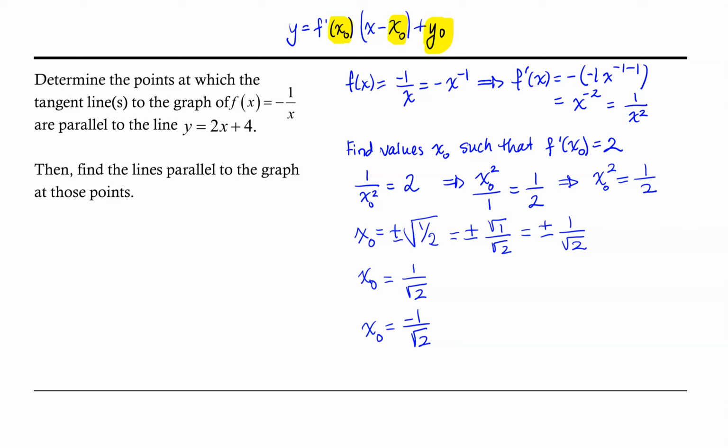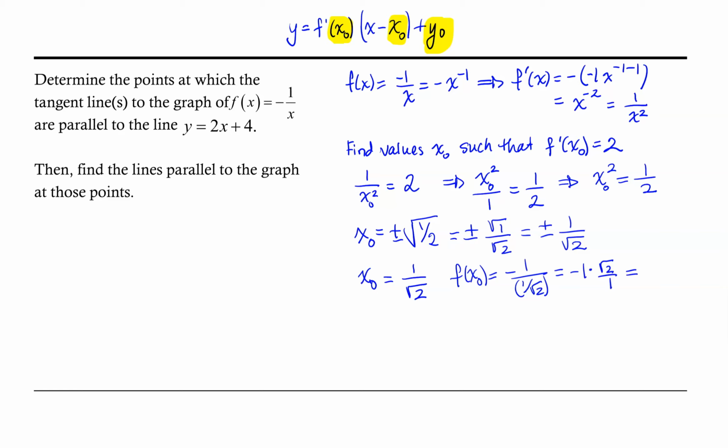So let's go ahead and start with x equals positive 1 over square root of 2. So if that's the case, then f at x naught would be -1 over 1 over the square root of 2. Multiplying by the reciprocal of the denominator, I would have negative 1 times square root of 2 over 1.